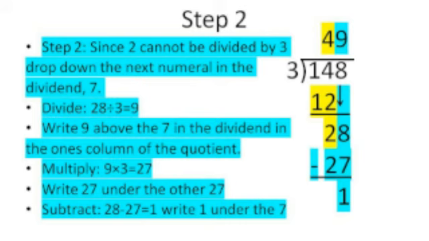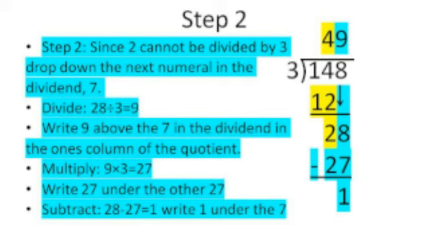As you can see here in step 2, I've highlighted everything in blue. So the first thing we do after subtracting 12 from 14 and getting 2 is drop down the number 8 from the dividend, and put it right next to that 2. Then we see if 3 can go into 28.